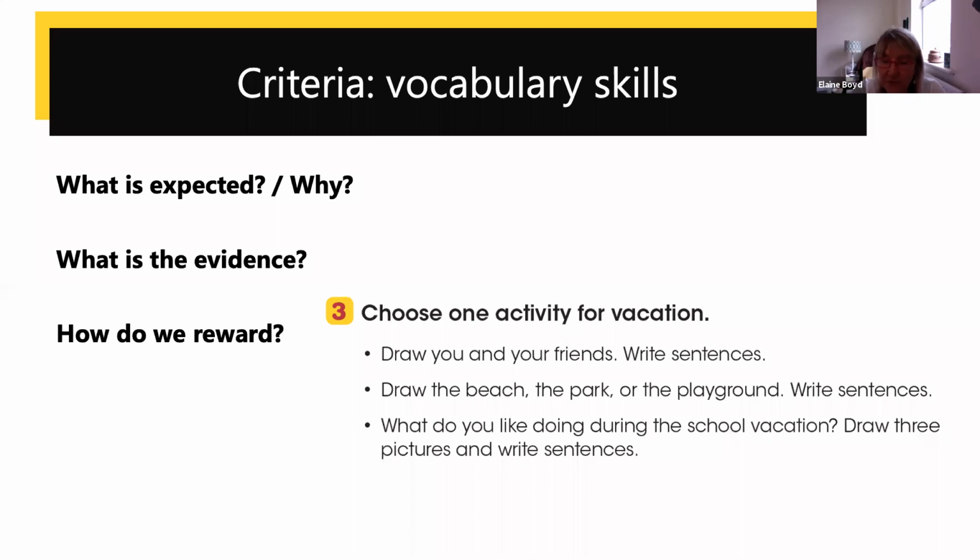So where they've drawn the pictures, have they used the right vocabulary for the pictures they've drawn, is something that you can assess. And in the sentences, have they put the vocabulary in the right place? But keep focused on their vocabulary as it's related to communication.